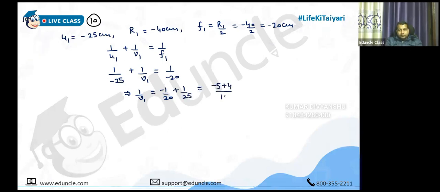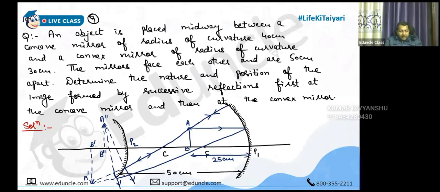It means this distance is also 50. Okay, yes, sir. This distance is also 50, because this is coming out to be 100.